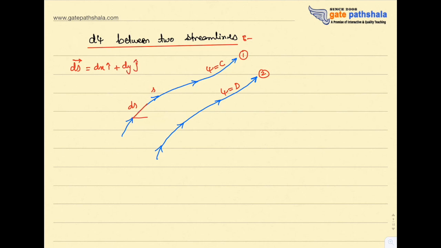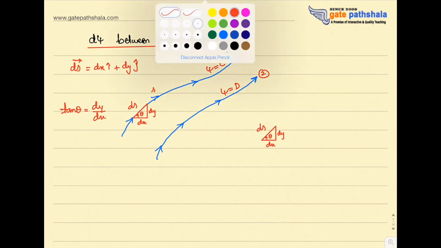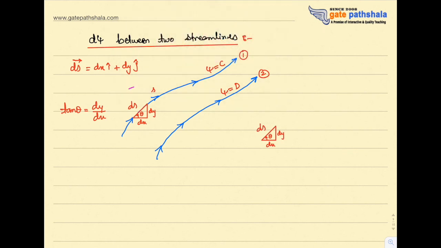So I can write ds with components dx and dy, such that this angle I can call theta, and I can write tan theta equals dy by dx. My region of interest is now this.